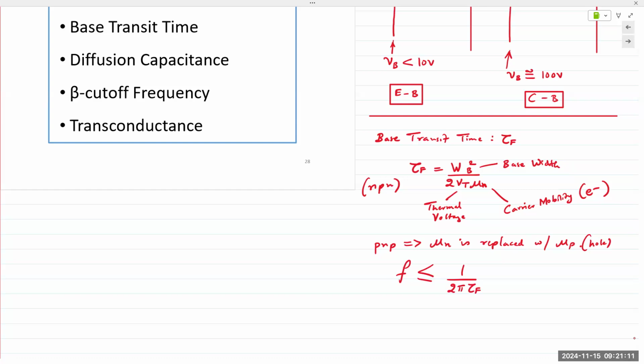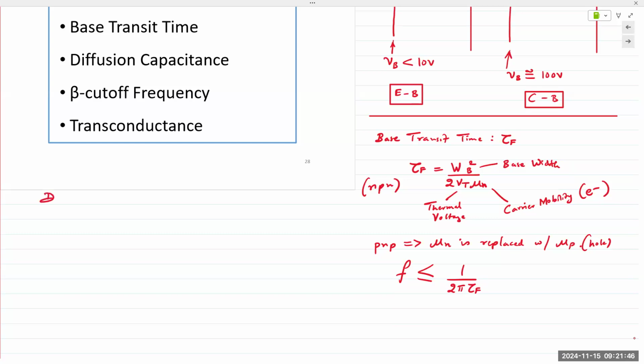Now, when we apply an input, charge is stored in the base. Charge carriers move through the base. Every time the applied voltage changes, the stored charge in the base changes. So that stored charge, in terms of the applied input voltage, can be modeled as a capacitor, and that capacitor is known as the diffusion capacitance.